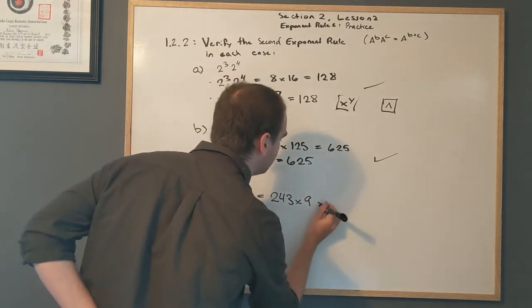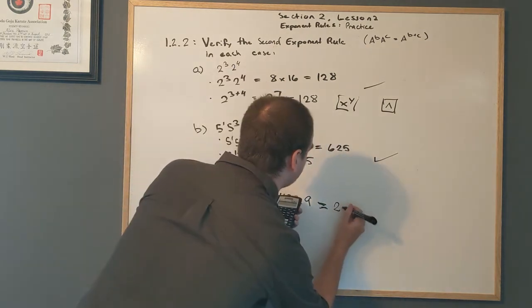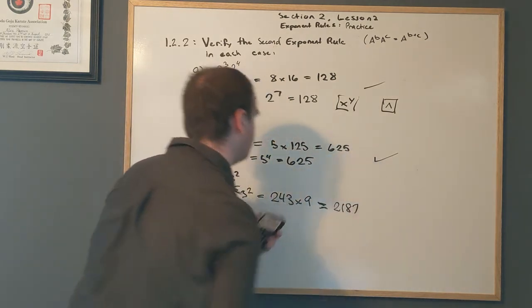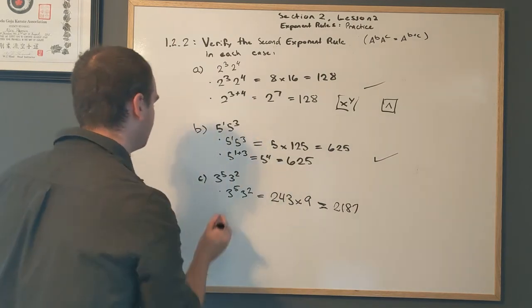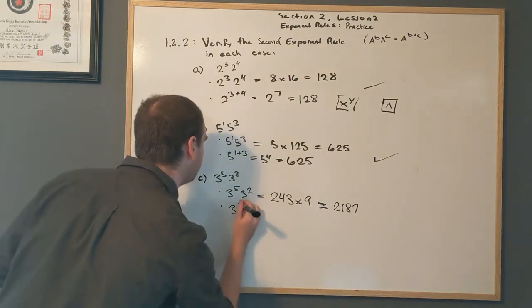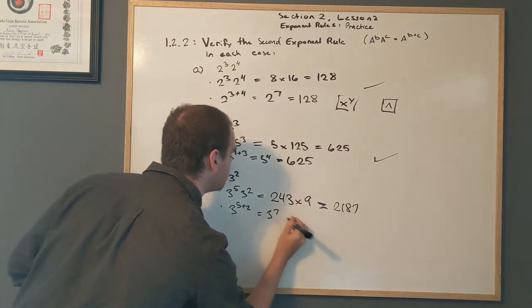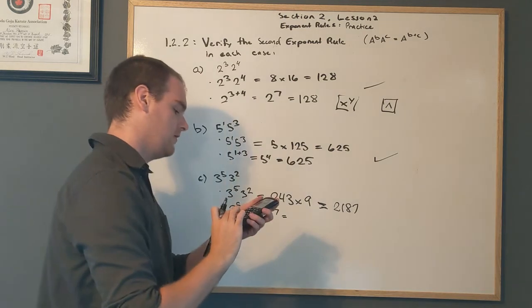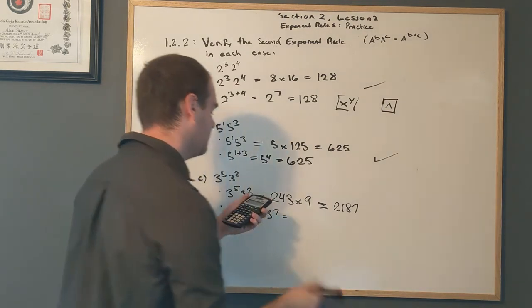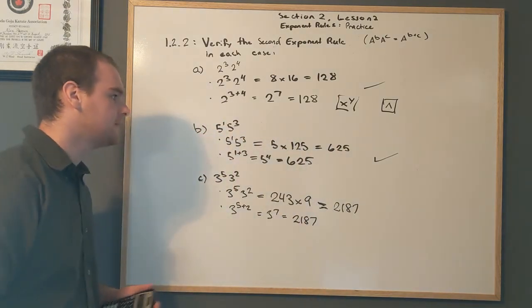Multiply these together. Get 2,187. Rule side, 3 to the 5 plus 2 equals 3 to the 7. 3 to the power of 7 equals 2,187. Verified.